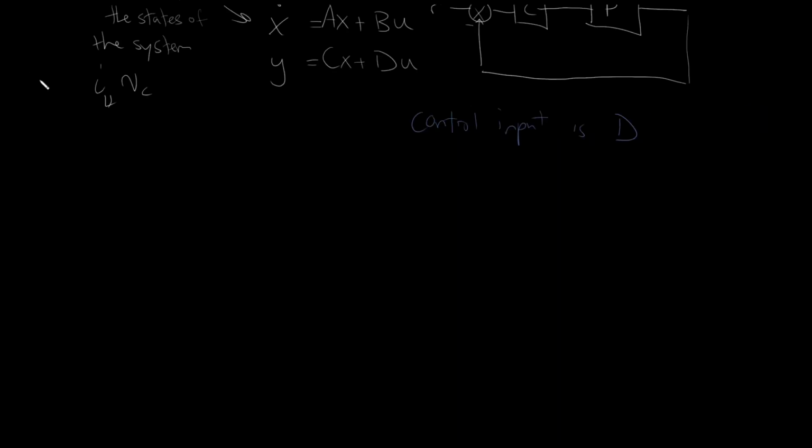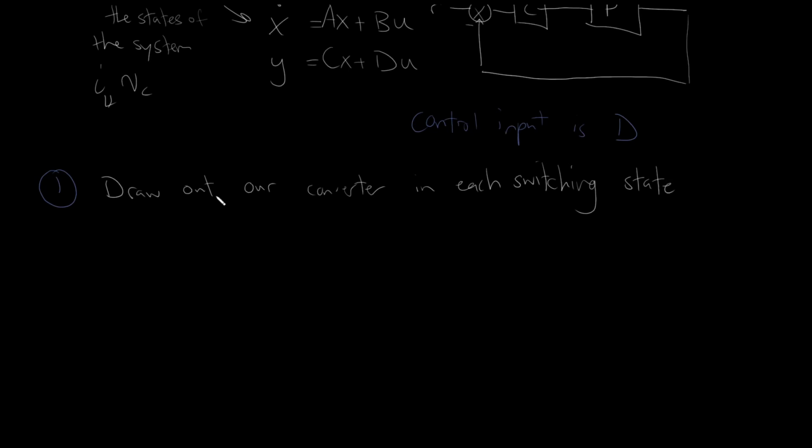What we're going to do is draw out the circuit in each switching state. We're going to write our differential equations for each of those switching states, right?